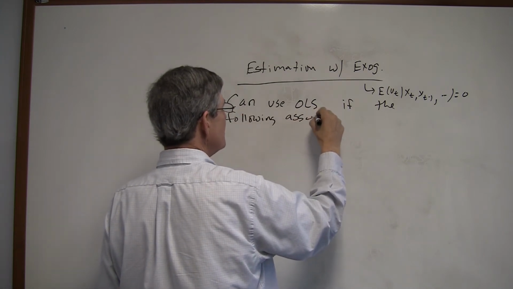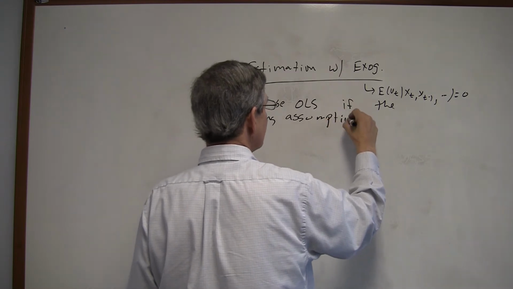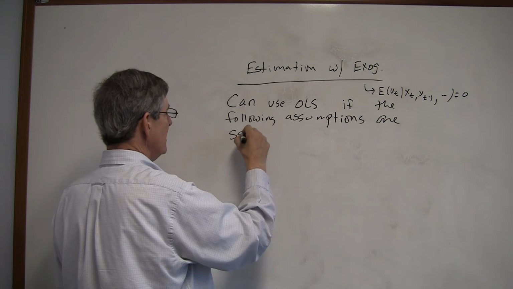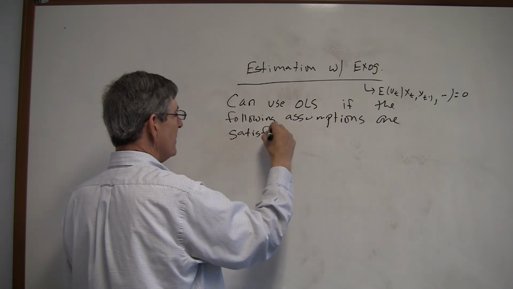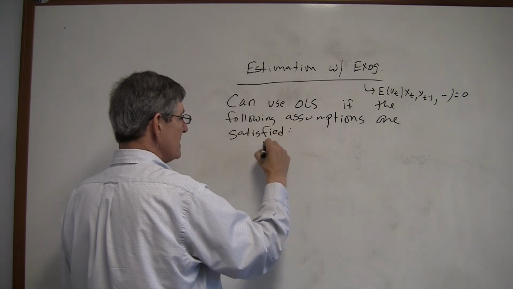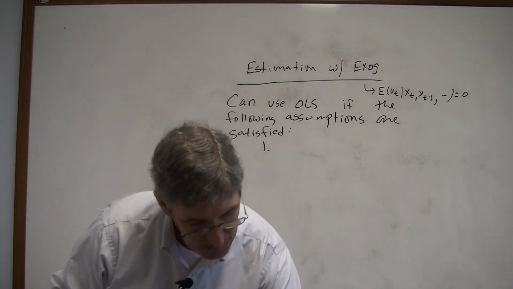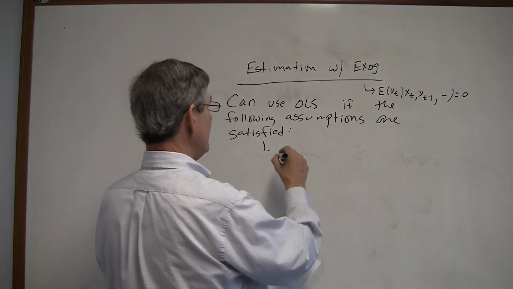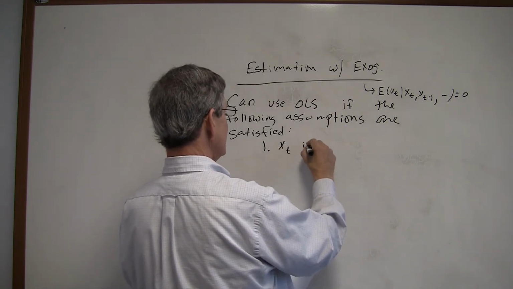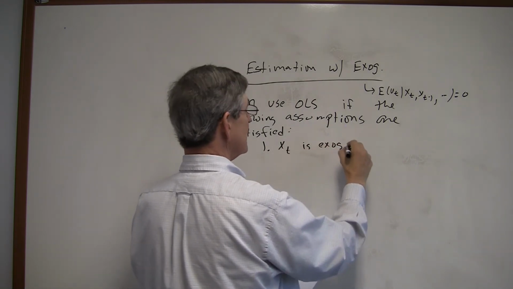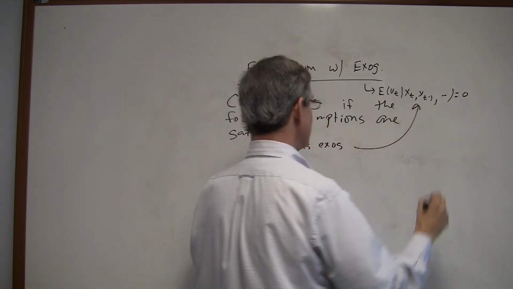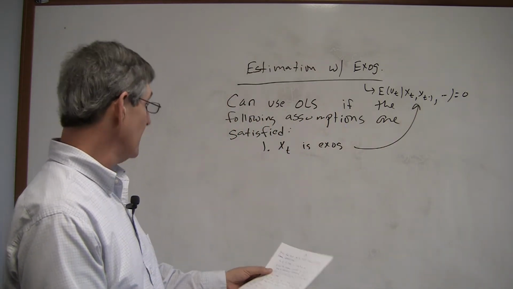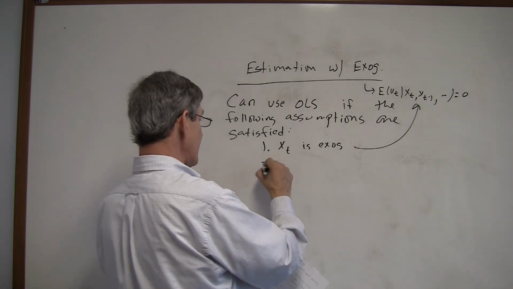These are the assumptions you need in a time series model to make sure that OLS has desirable properties. The first condition is one we just talked about, and that's that x_t is exogenous, as that condition holds. We've already explained that, so I don't have to say anything there.